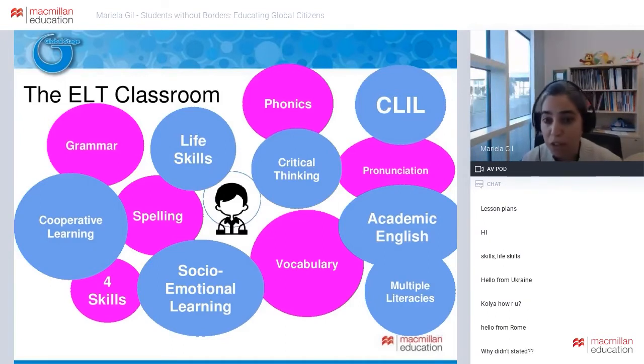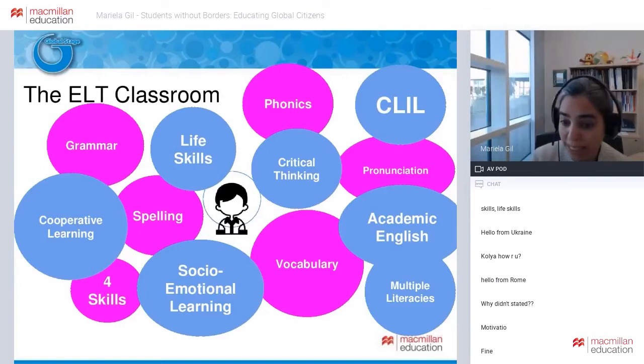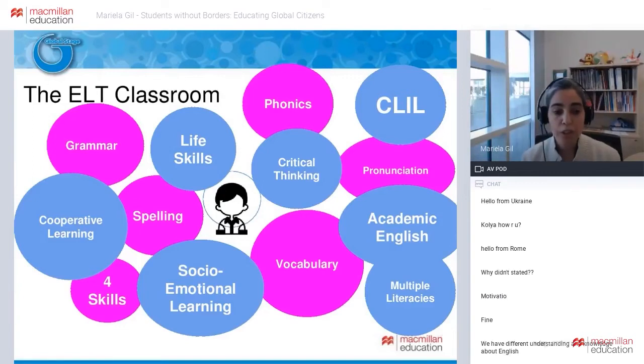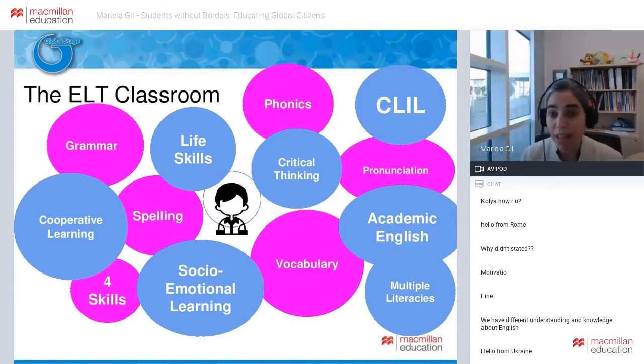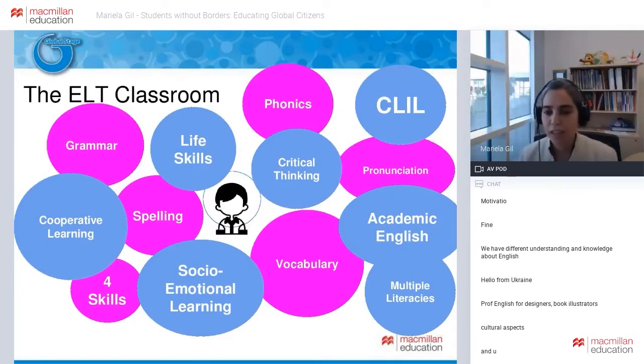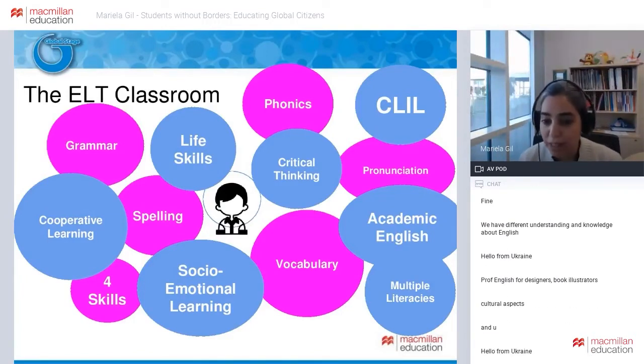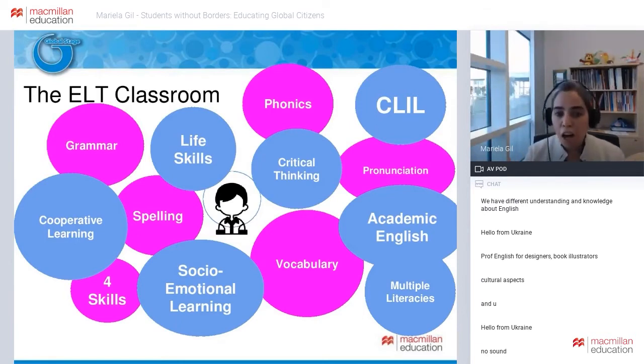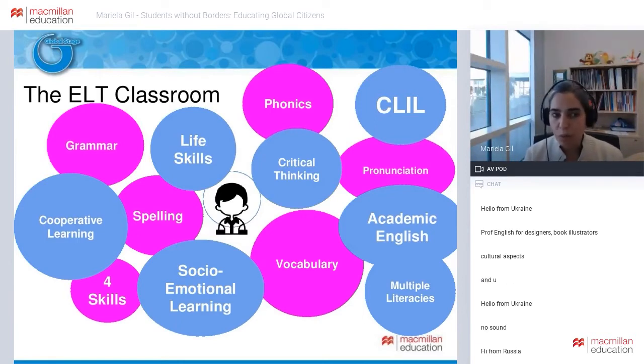So whether you're bringing other subject areas through CLIL or English for academic purposes, whether you're helping students develop their social emotional learning skills or their collaboration skills, their life skills, different elements of literacy, all of these things you're juggling with English and alongside English.